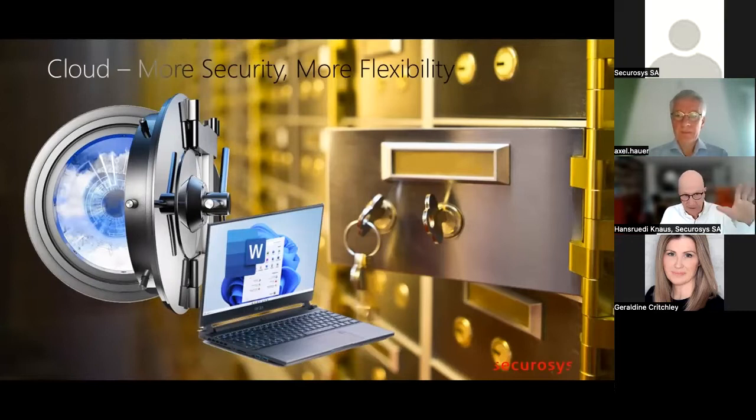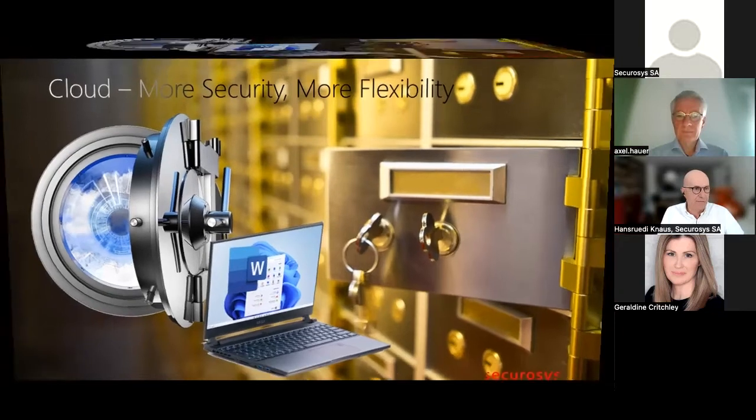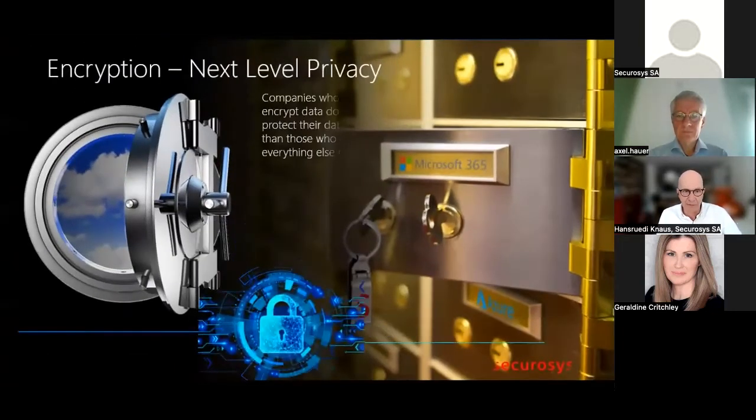Sometimes it's not the way to go. For most people, that's fine. Use Microsoft 365 or Office 365 just the way it is. And other people hesitate or are not sure whether they can do that. So we had to find a way to go, and we found encryption. Companies who effectively encrypt data do more to protect their data than those who do everything else right, so we think about encryption in this context.